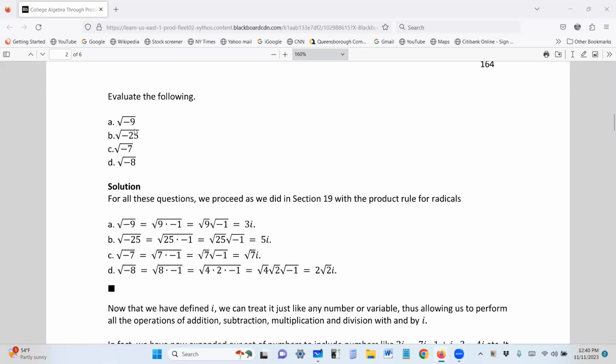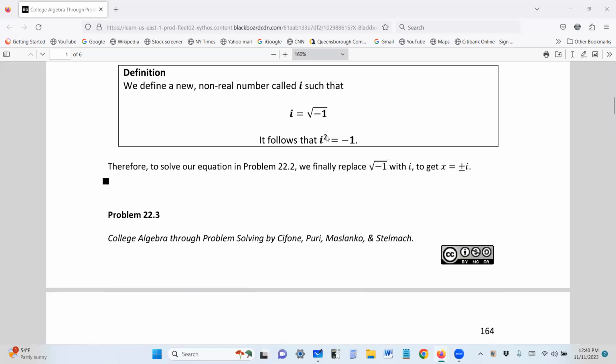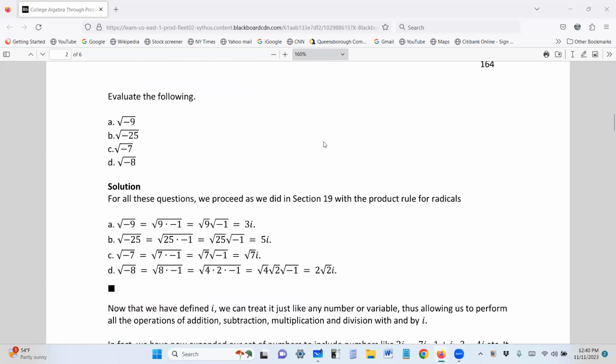So instead of working with the negative 9 under the square root, we're going to introduce the concept that minus 1 is i squared. So look what we do. We rewrite square root of negative 9 as square root of 9 times negative 1. The negative 1 is i squared, or the square root of negative 1 is just i.